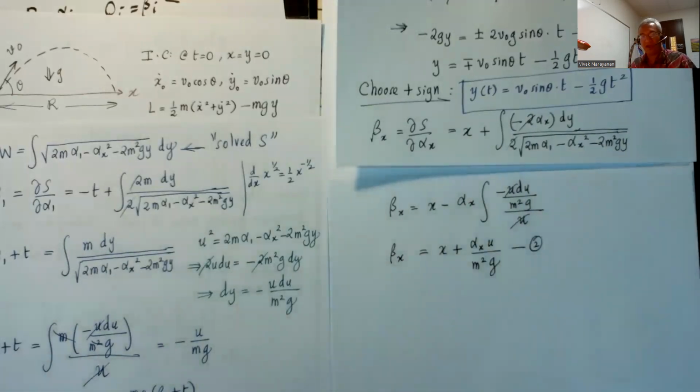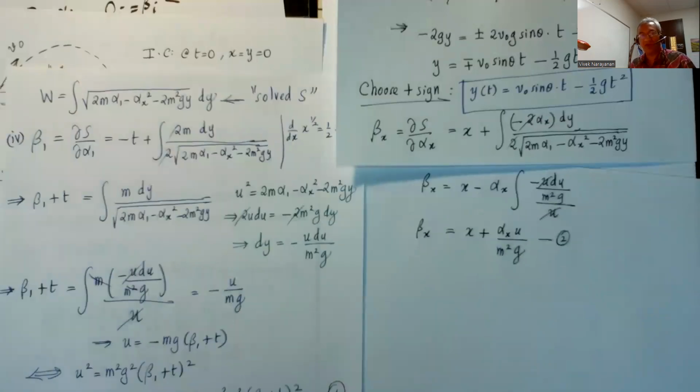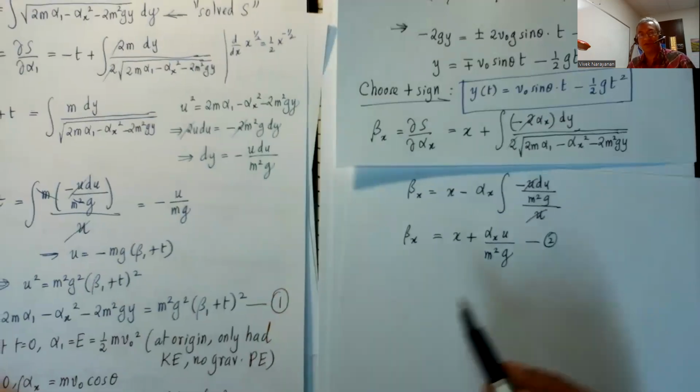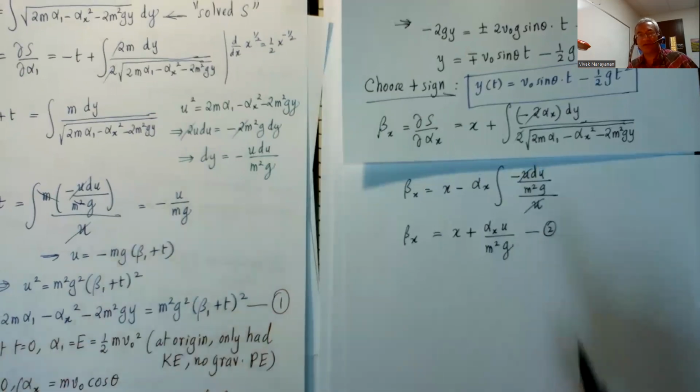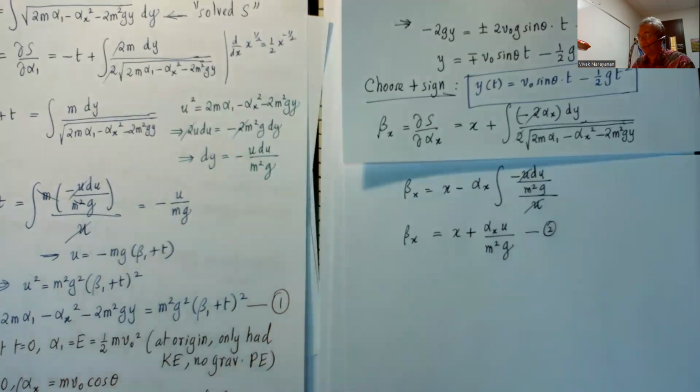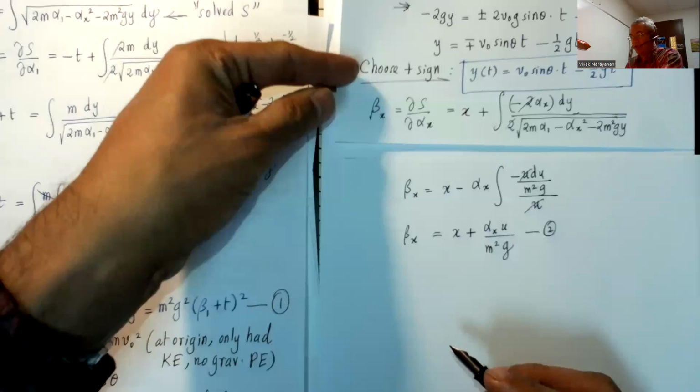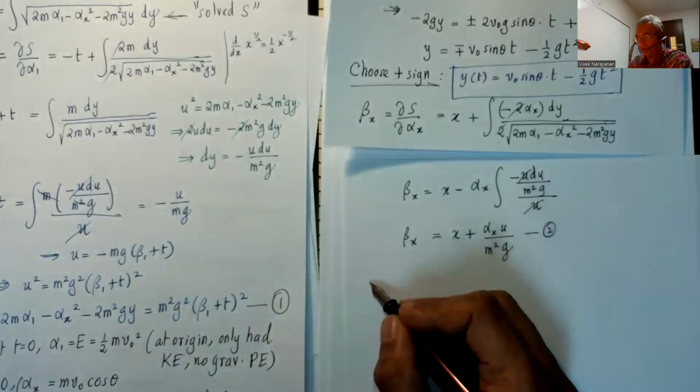Now, just like equation 1 down here, equation 2 has some unsavory terms which can be eliminated by using the initial conditions. So we'll play the same initial conditions game. Okay, let's do the initial conditions on this.